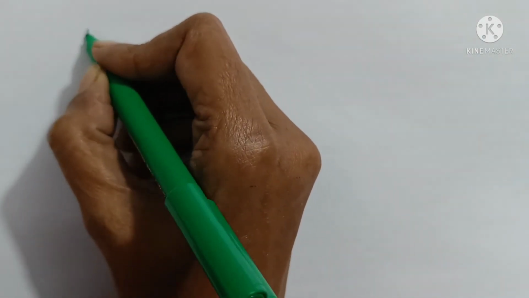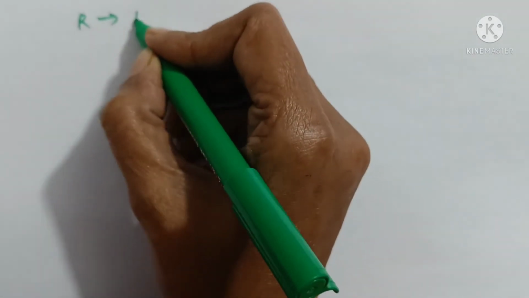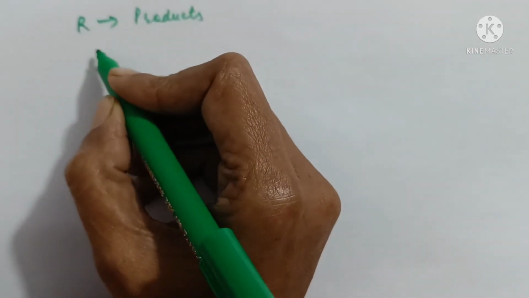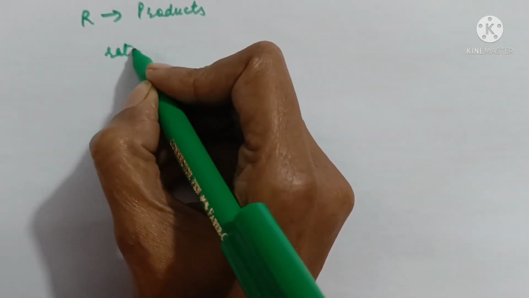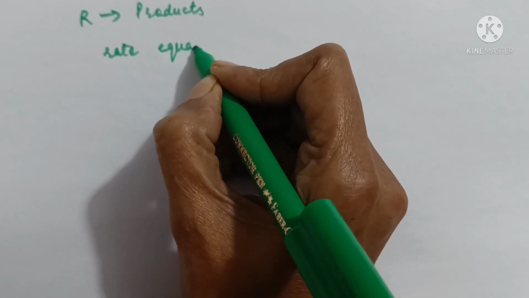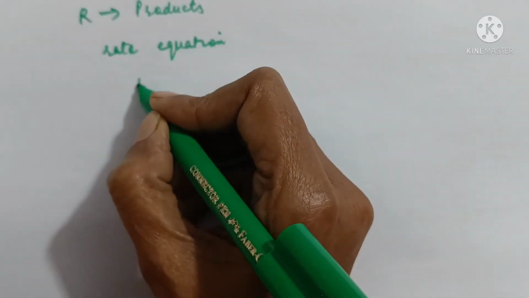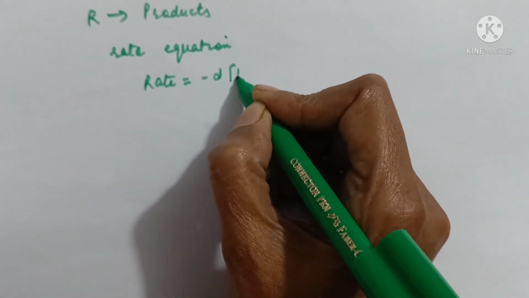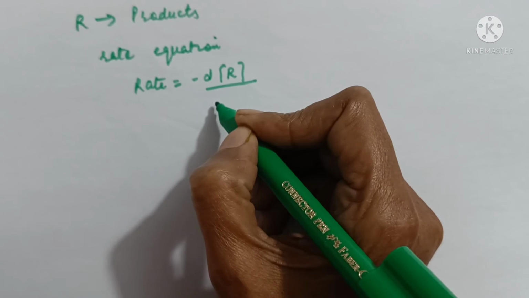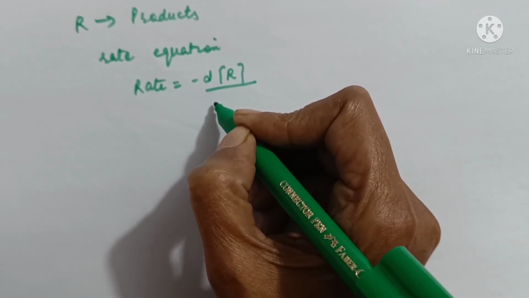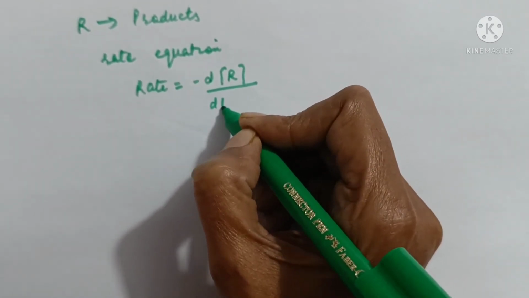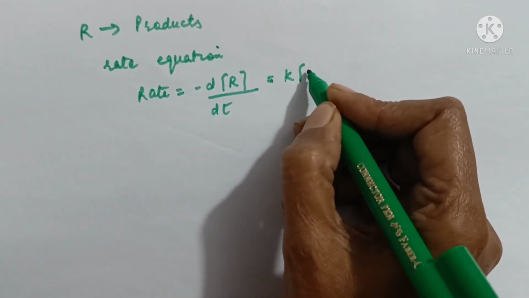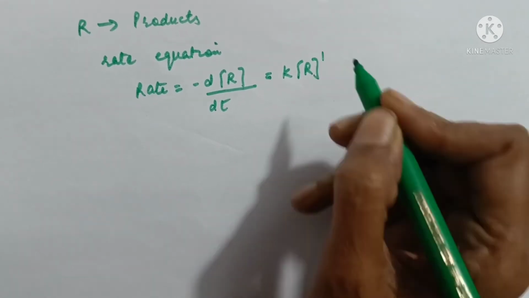We know that for the reaction, R changes to products, if it is a first order reaction, then the rate equation will be: rate is equal to minus d[R] upon dt is equal to k into concentration of R raised to power 1.